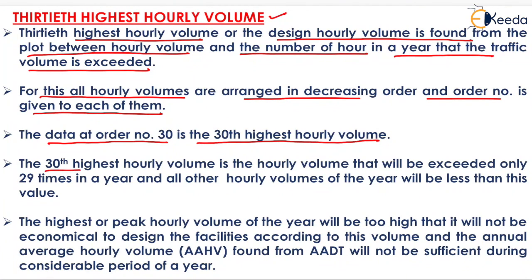The 30th highest hourly volume is the hourly volume that will be exceeded only 29 times in a year, and all other hourly volumes of the year will be less than this value.